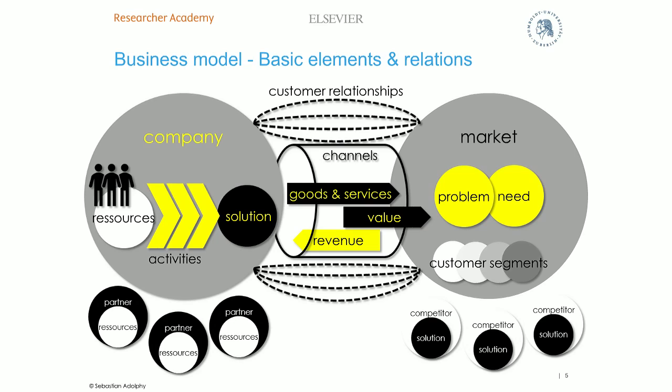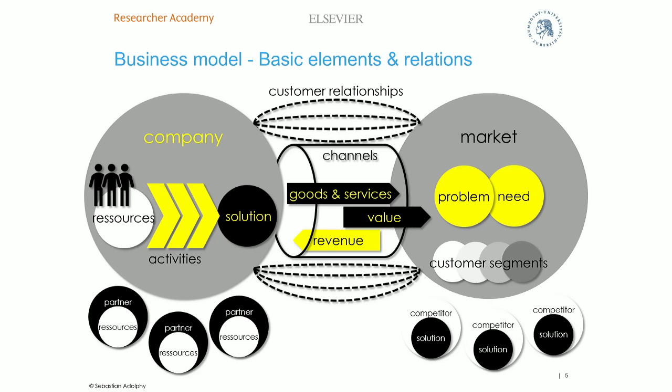Outside of these relationships, you have different other players which also influence the business model. You have, on the one side, partners of the company. These provide resources to the company in order to create the solution.